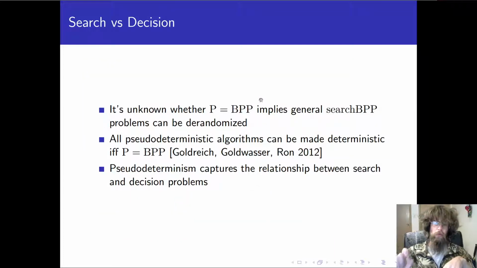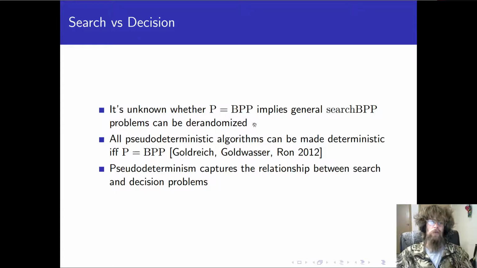One other reason that pseudo-determinism is kind of neat is, suppose P equals BPP. That is, we can de-randomize every BPP computation, make it fully deterministic. That doesn't immediately de-randomize search BPP. There can be random function computations that don't get de-randomized for free by this, as far as we know.